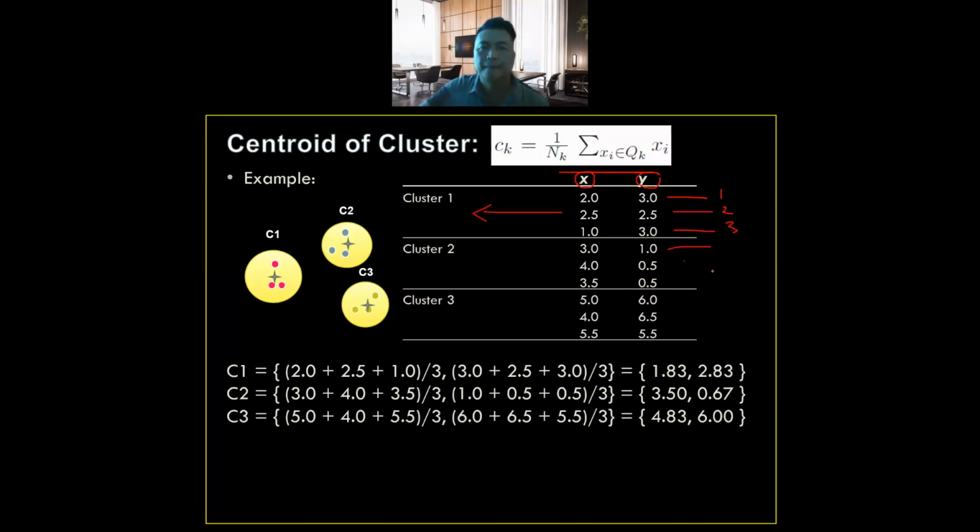The first thing that you need to do is find the centroid of your cluster. How do you find the centroid? You add up all these values and divide by 3, the number of items in that particular cluster. And all these 3 will be your centroid. Any questions?